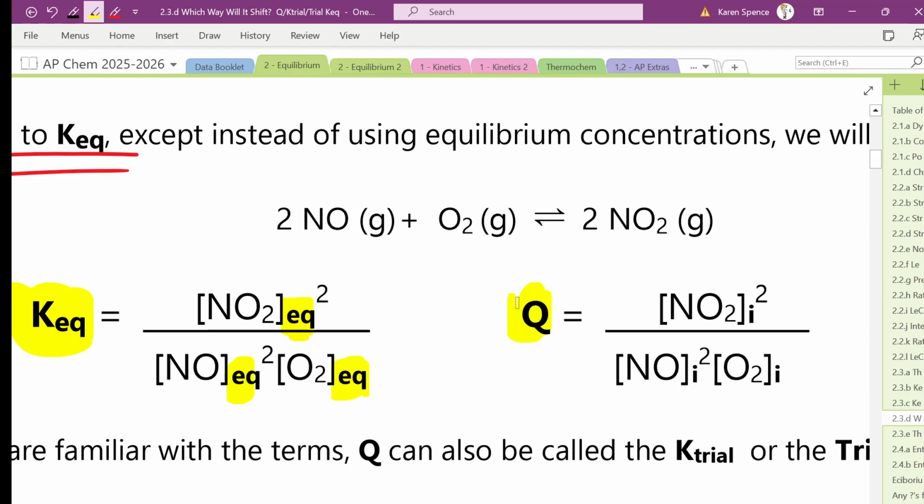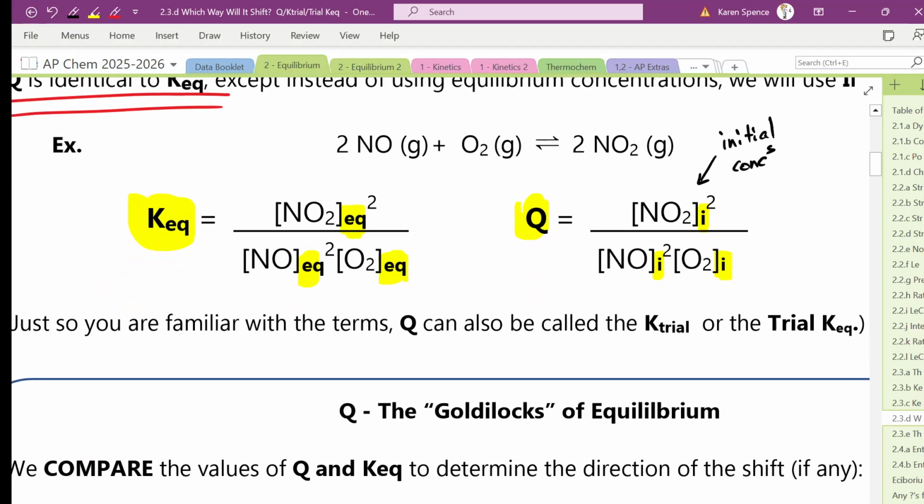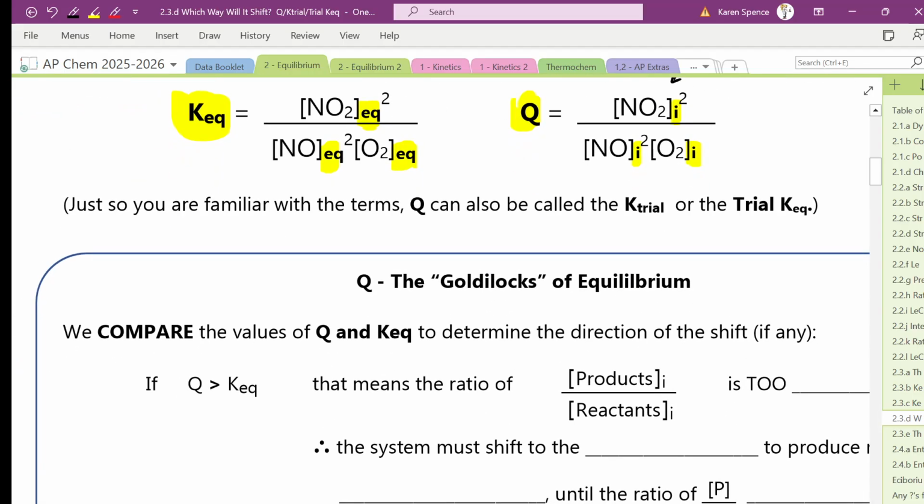For Q, the expression is the same. The only thing different is we throw in the initial concentrations. Just so you are familiar with the terms, Q can also be called K trial or trial Keq. You will come across those from time to time.